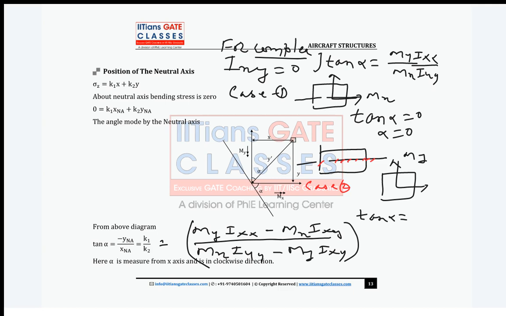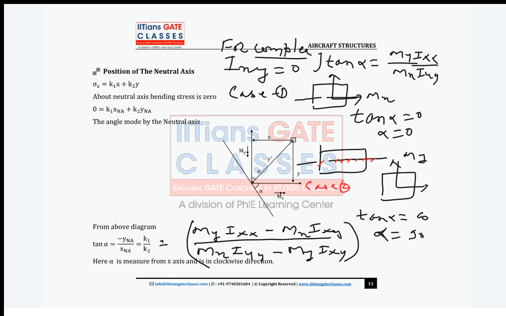Your tan alpha will be tan 90, right? Infinity. So infinity means what? Tan 90. So alpha is how much? Alpha is 90 degree, right?